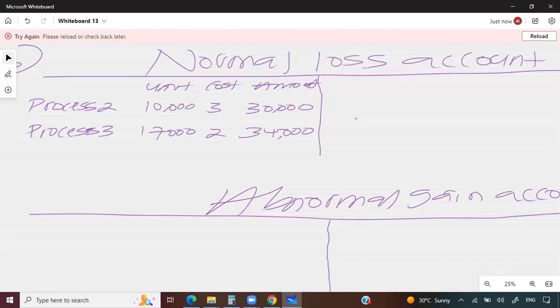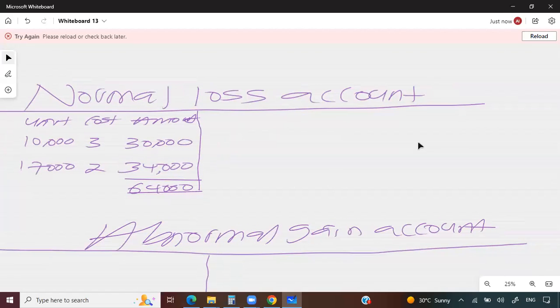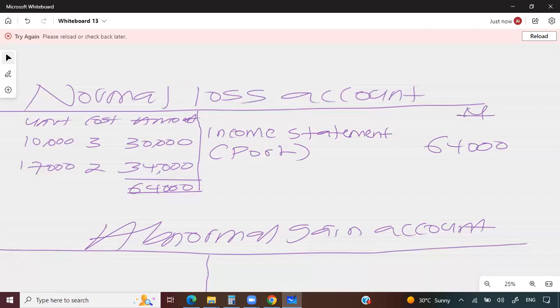Then whatever we have now, we just need to close the account with the value, which is 64. Then you come here as well and say income statement, or you call it POL. You just say income statement, POL of 64,000. There's no need of unit on this side.